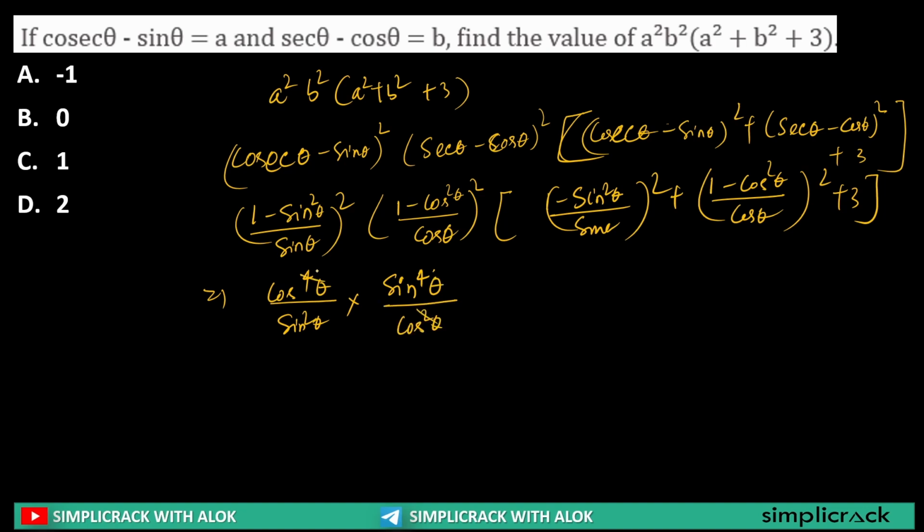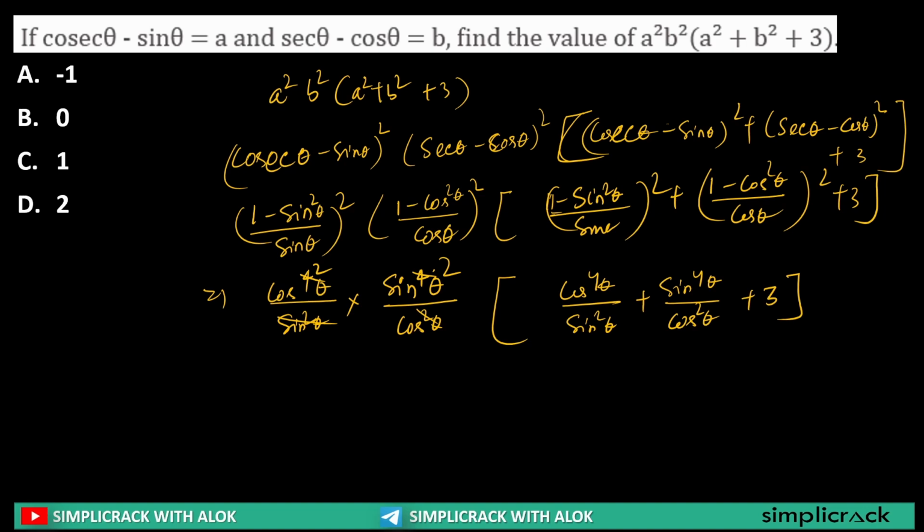Square will cross out 4, so 2 will remain, multiplied by cos 4 theta by sin square theta plus sin 4 theta by cos square theta plus 3.